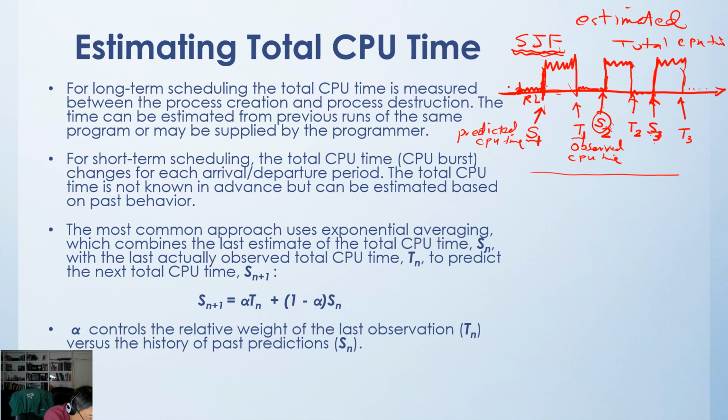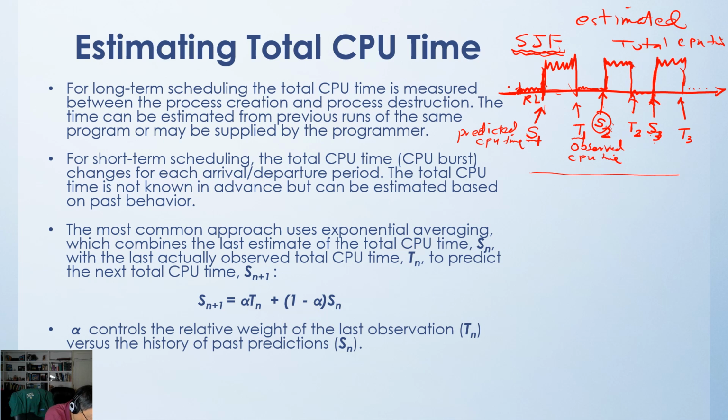Hopefully each time the process completes the execution, you have a better idea to predict the next CPU time. Now, the most common approach uses exponential average, which combines the last estimated total CPU time.